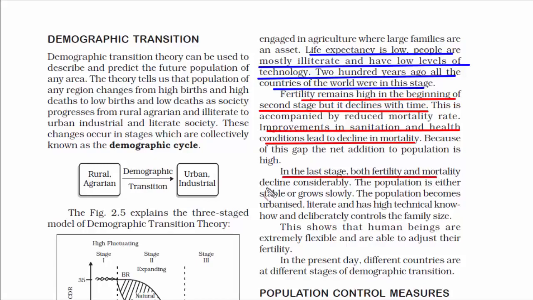Then in the last stage, birth rates fell due to various fertility factors such as access to contraception, increase in wages, urbanization, a reduction in subsistence agriculture, a reduction in values of children's work, an increase in parental investment in the education of children and other social changes. Population became urbanized, literate, and has high technical knowledge. This shows that human beings are extremely flexible and are able to adjust their fertility. So these stages define the demographic transition theory.